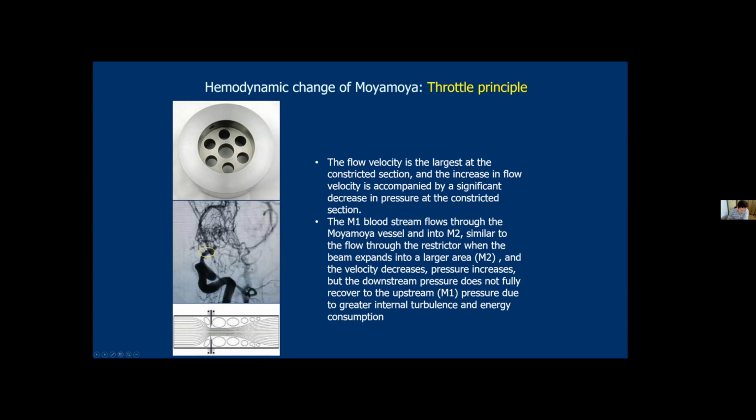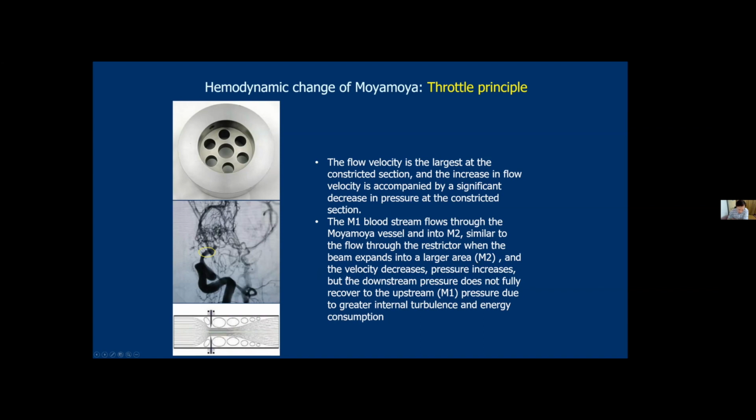This is a model in the lowest picture. We can see this fluid mechanics: the M1 bloodstream flows through the moyamoya vessels, then into M2. It's similar to the flow through a restrictor when the beam expands into a larger area, the M2 segment.